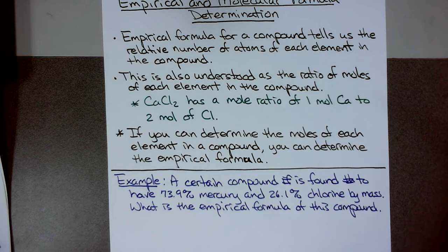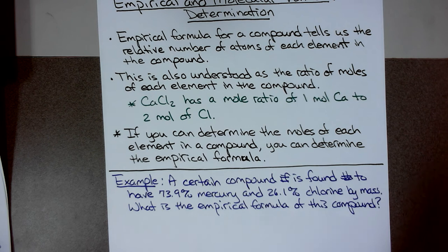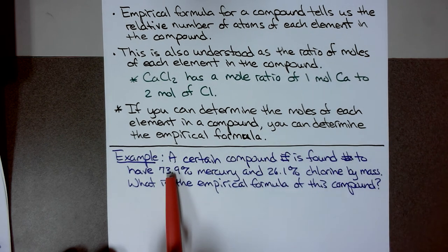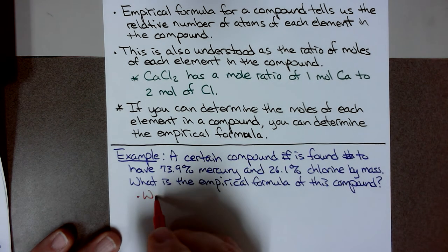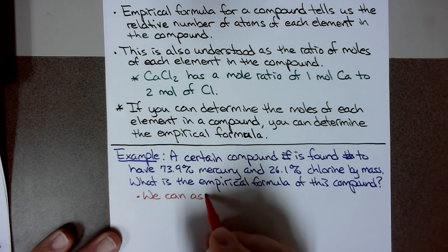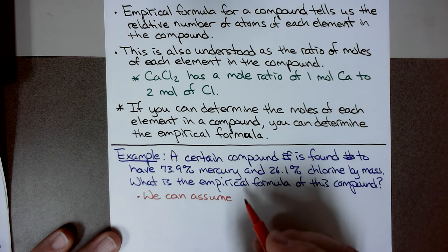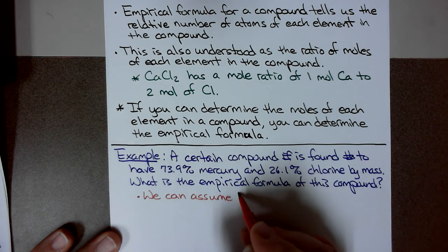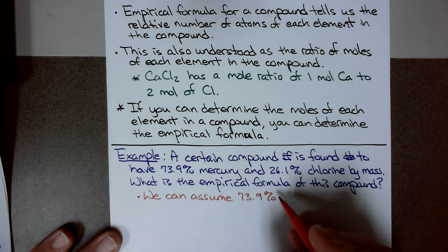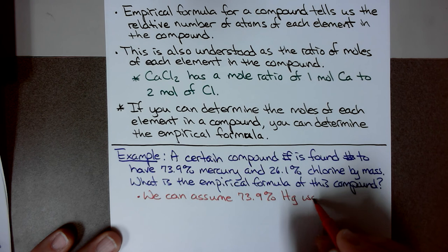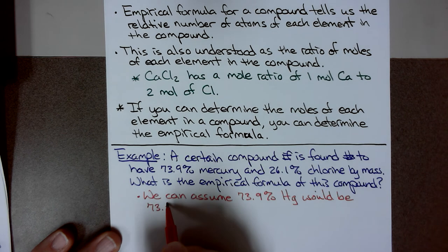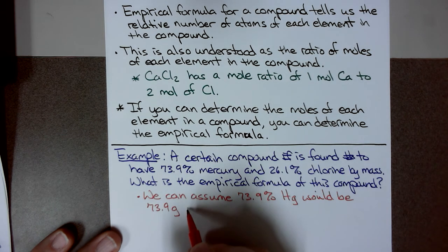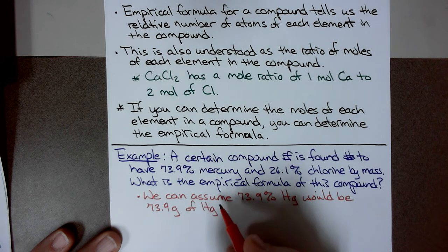Now remember, this is percent by mass. So in order to get mass so that we can convert to the mole, we can assume that 73.9% mercury would be 73.9 grams of mercury out of a 100 gram sample.